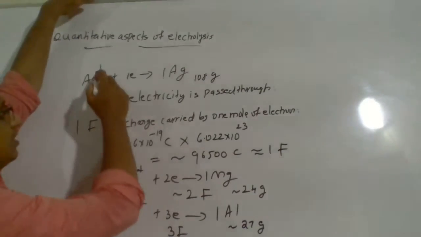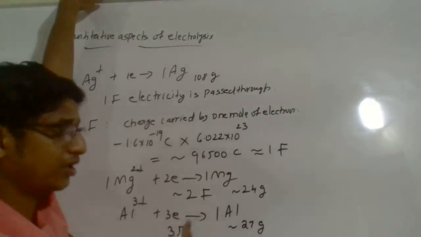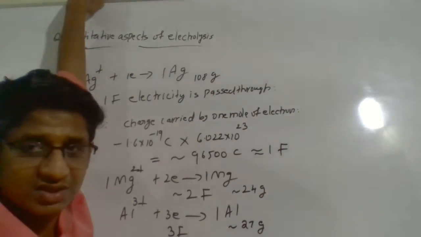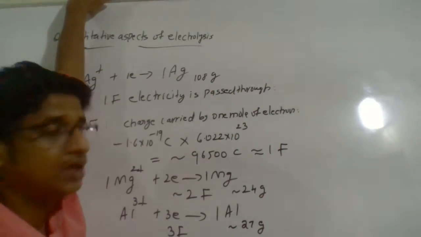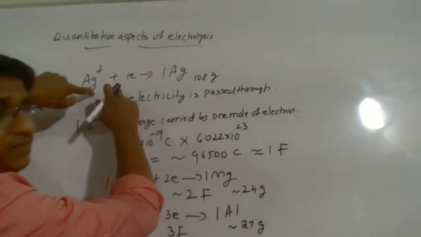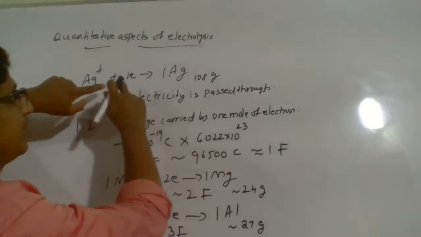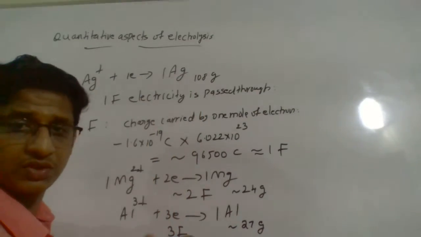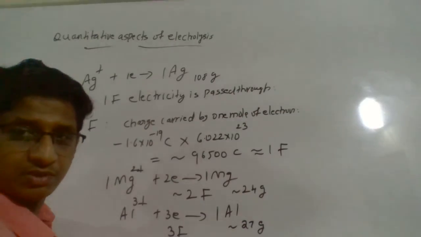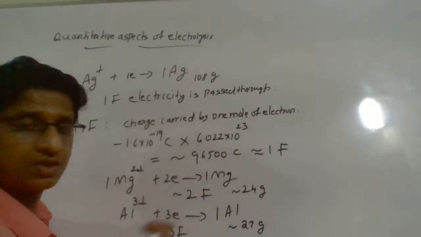So always look at the valency to understand how much substance is deposited. It's not that the same amount of electricity gives the same result. You always look at the valency of the ion which is getting reduced, and you can understand how many electrons are used for the reduction. That will give you an indication of how many moles of substance will be formed and how much electricity is required.